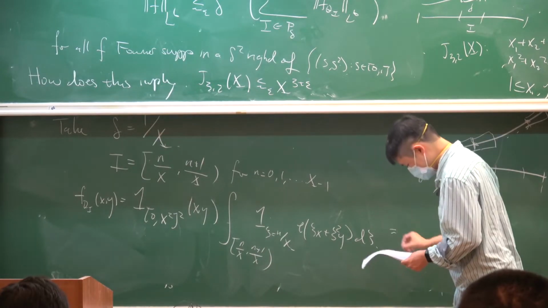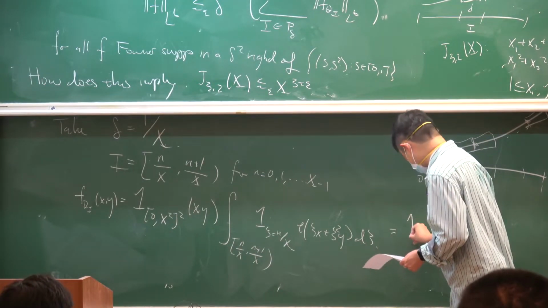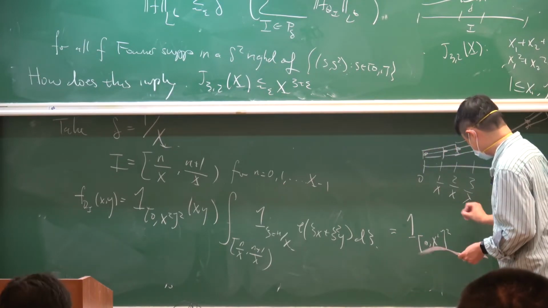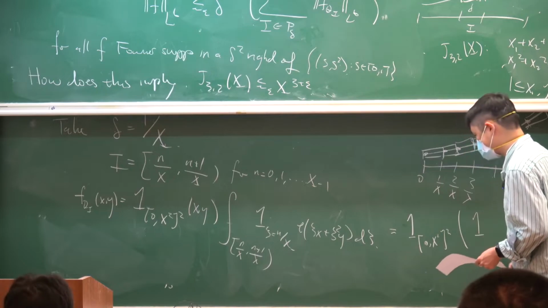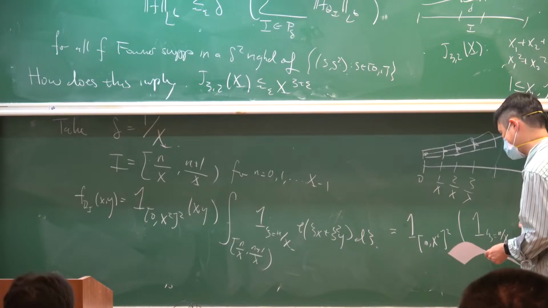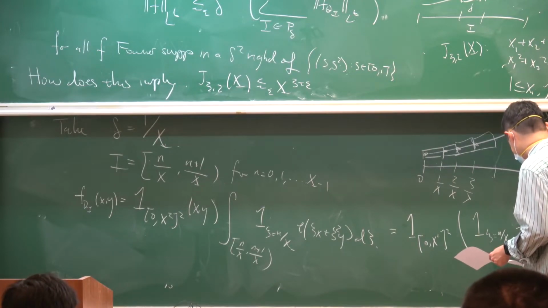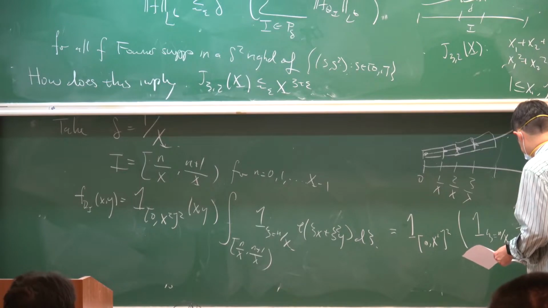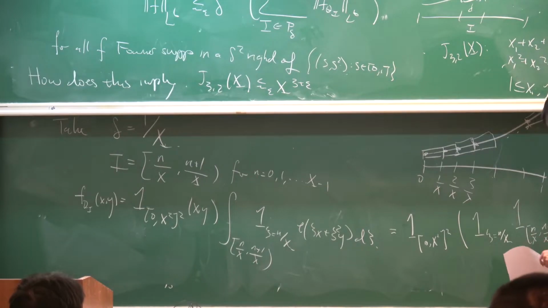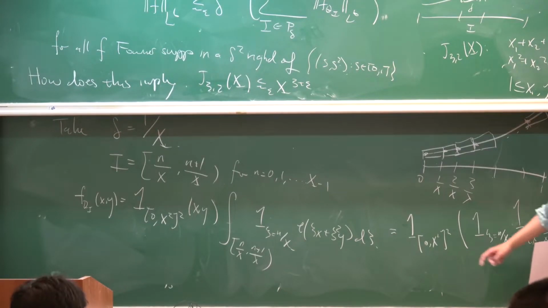Well, this is just the indicator function of 0 to x squared times the Dirac delta spike evaluated at n comma x times the indicator function of the interval times the surface measure on the parabola for A inverse. Right? Of course, it's not quite the surface measure. Let's just take the measure on the parabola.